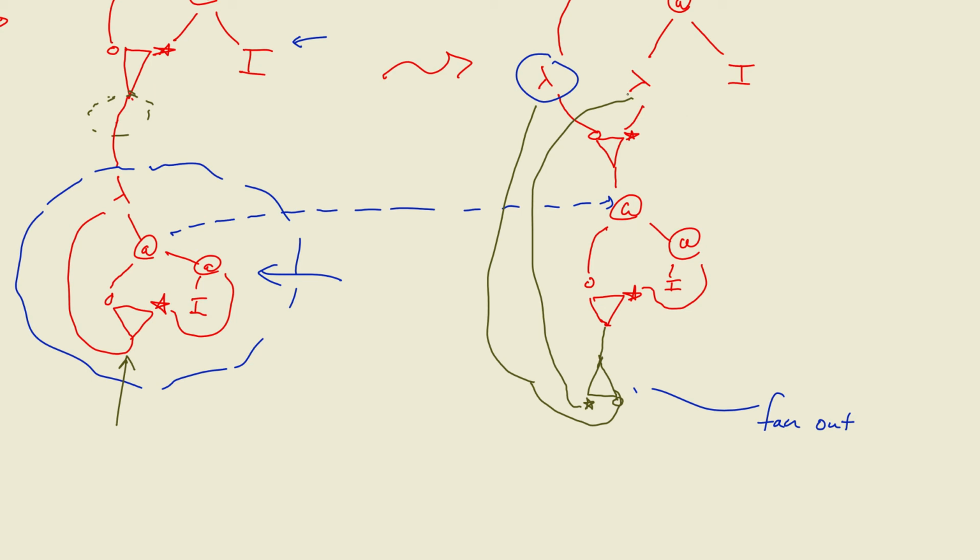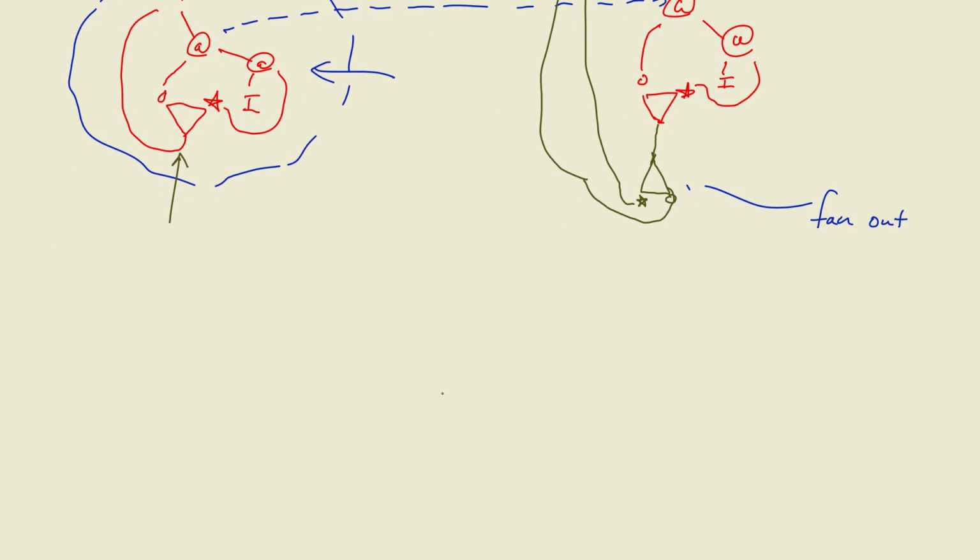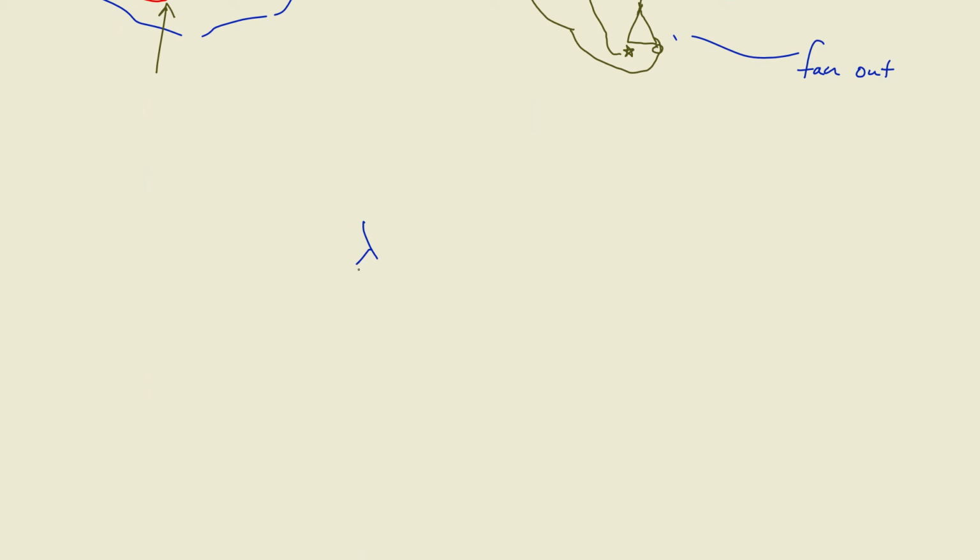And the other lambda similarly is going through the star fan in port, and it matches up to the star fan out port. So basically what we've done is we had this, you've got a lambda and then some blob over here.